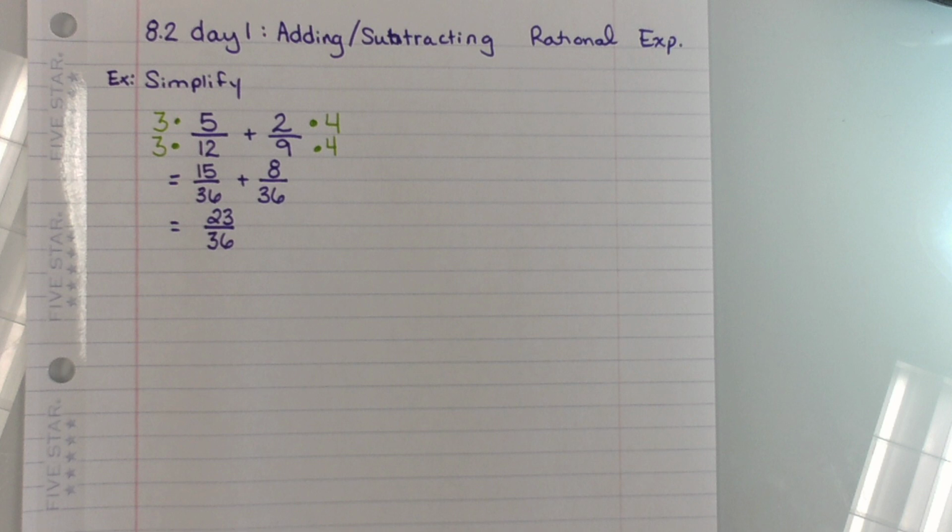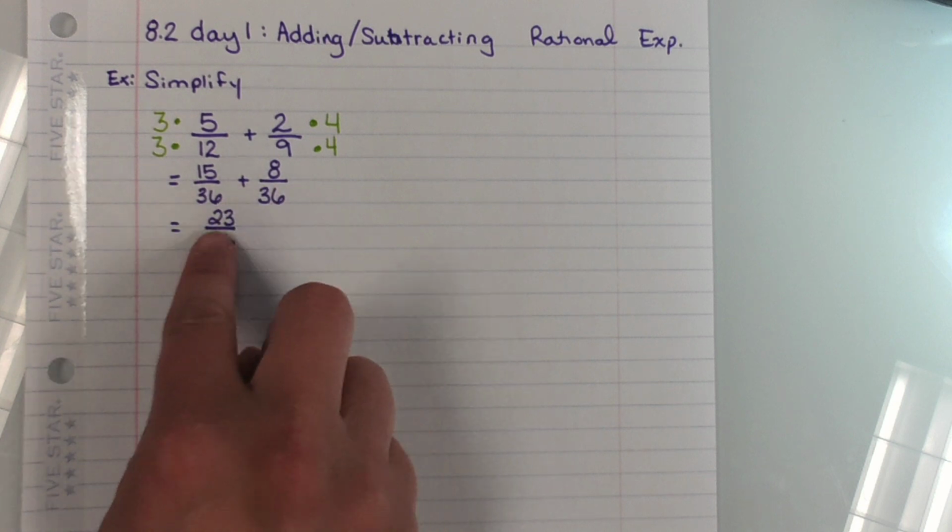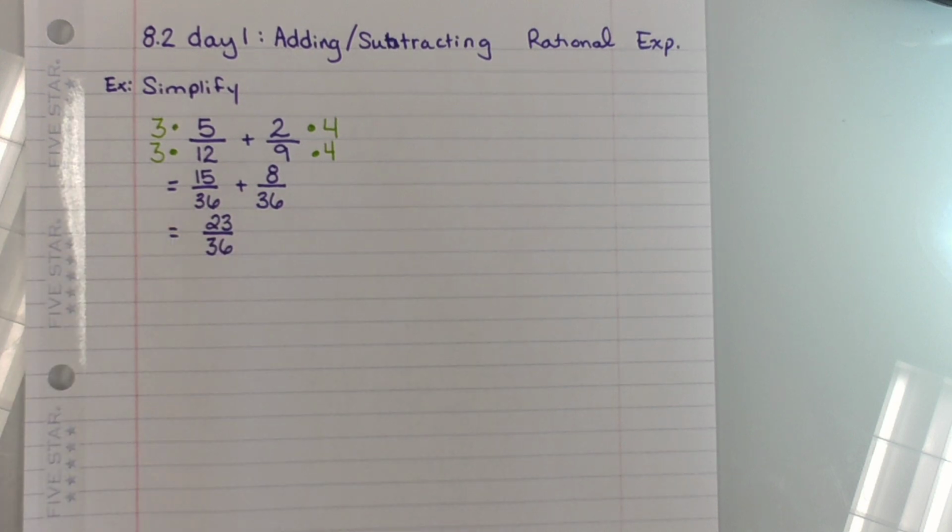That's what you're doing when you're adding fractions, is you're getting it where the whole is broken up into the same number of pieces, so they're all the same size pieces. And we ended up with 23 of those pieces.